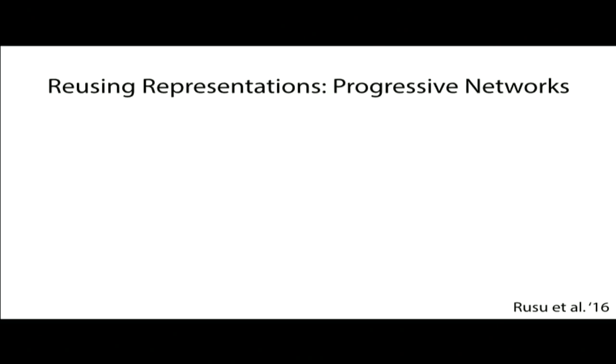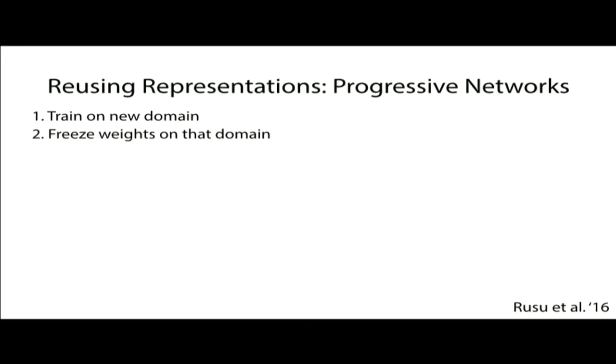Starting with progressive networks. The way that progressive networks work is, say we want to transfer from one task to another task. We start by training on a single task or a single domain. Then we freeze the weights of the neural network that we learned for that domain.